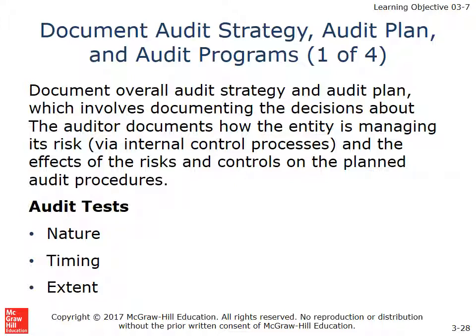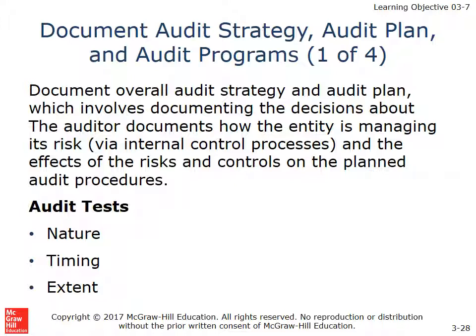The auditor documents how the entity is managing its risk via internal control processes. So it looks at how the company performs tasks. What are the procedures in place to protect the assets? What risks are associated with that? That's internal control. And the effects of risk and controls on the planned audit procedures.